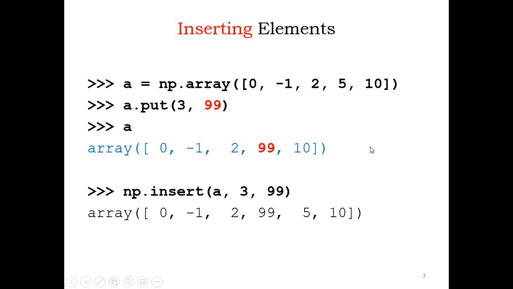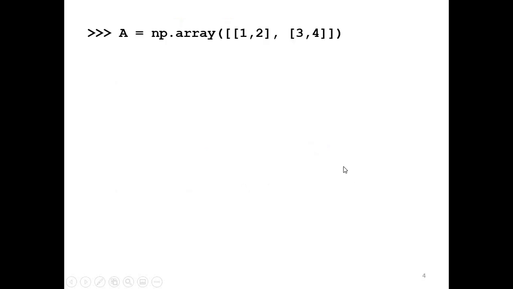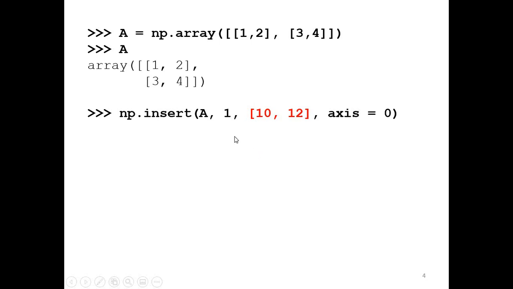So you have to be careful about which method you use when you want to insert some data, either put or insert. It is according to your choice. Now look at another array. This is a two-dimensional array, 1, 2, 3, 4, and you want to insert one list.